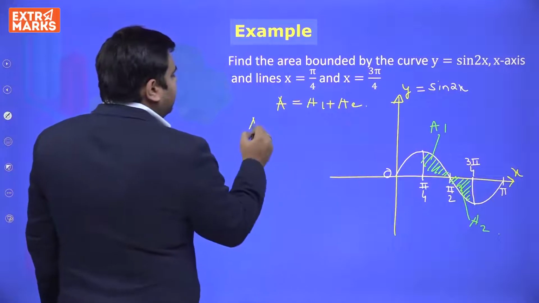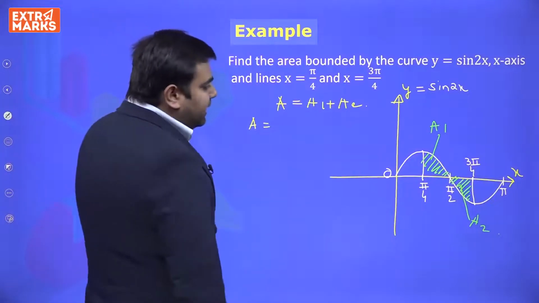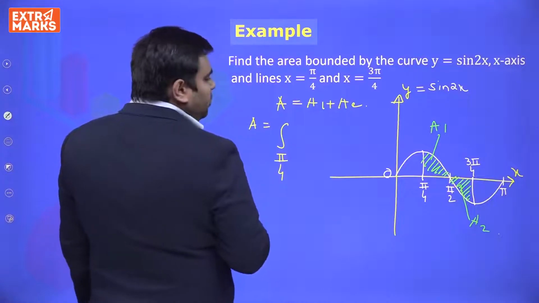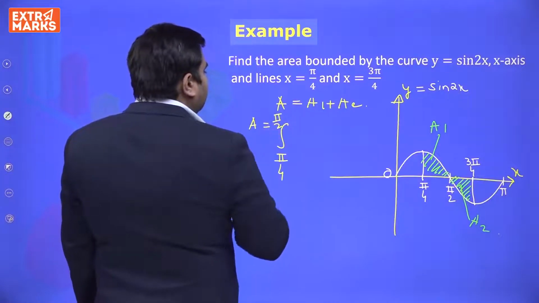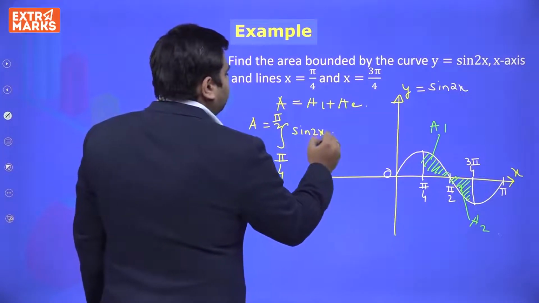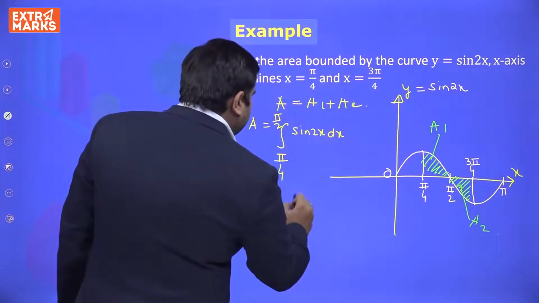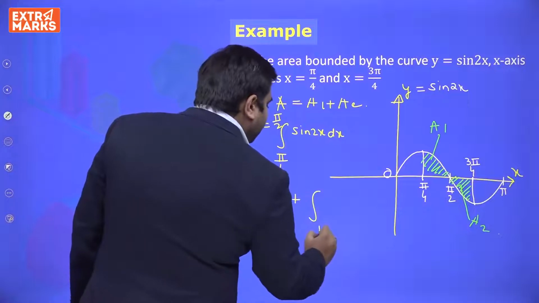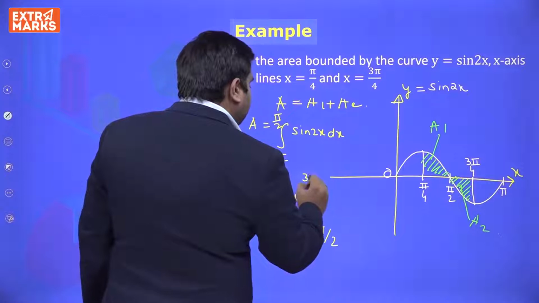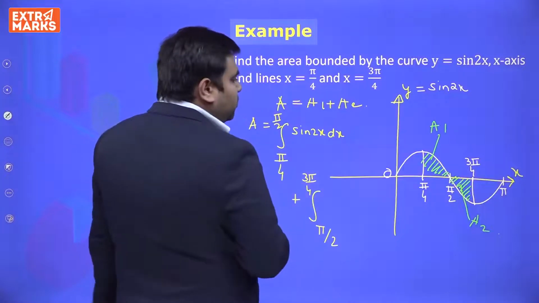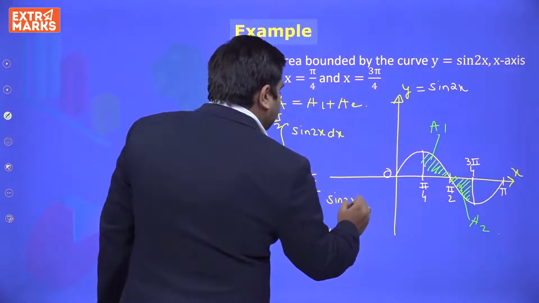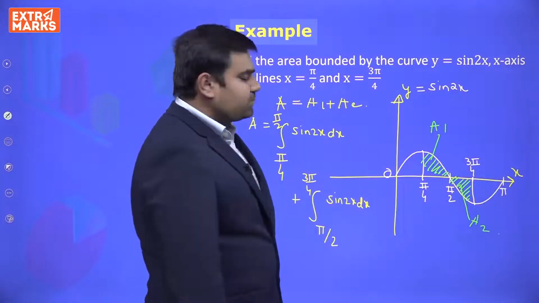For calculating A1, integral from pi by 4 to pi by 2 of sine 2x dx plus integral from pi by 2 to 3 pi by 4 of sine 2x dx.